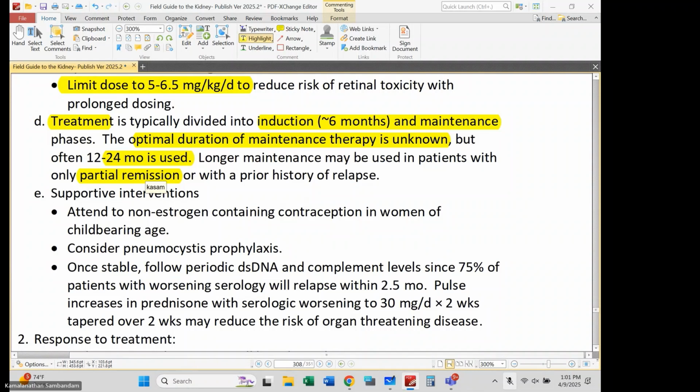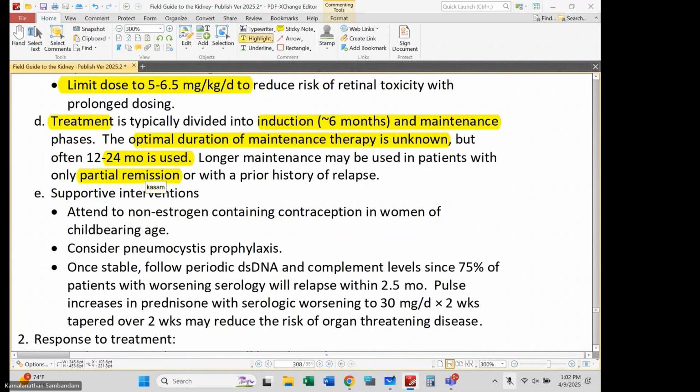Let's watch you closely. But, so let me say once again that partial remission is sometimes hard to call, right? Sometimes you have to rebiopsy in order to determine whether you still have a little smoldering lupus or not. But if you have smoldering lupus, you're not going to pull back, right?